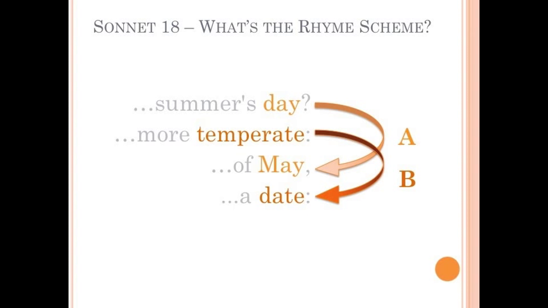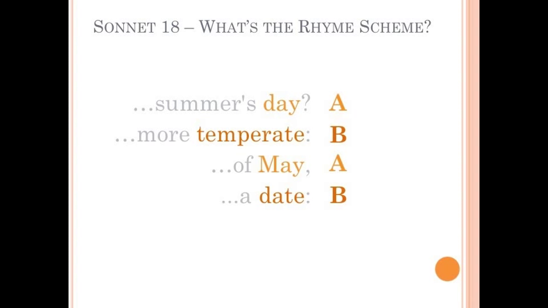And for temperate and date, although they're not an exact rhyme, they sound very similar, so you can connect them together and call this the B sound. If you label it properly, the rhyme scheme for this specific quatrain will be A, B, A, B. Now remember, the letter changes whenever you introduce a new sound.